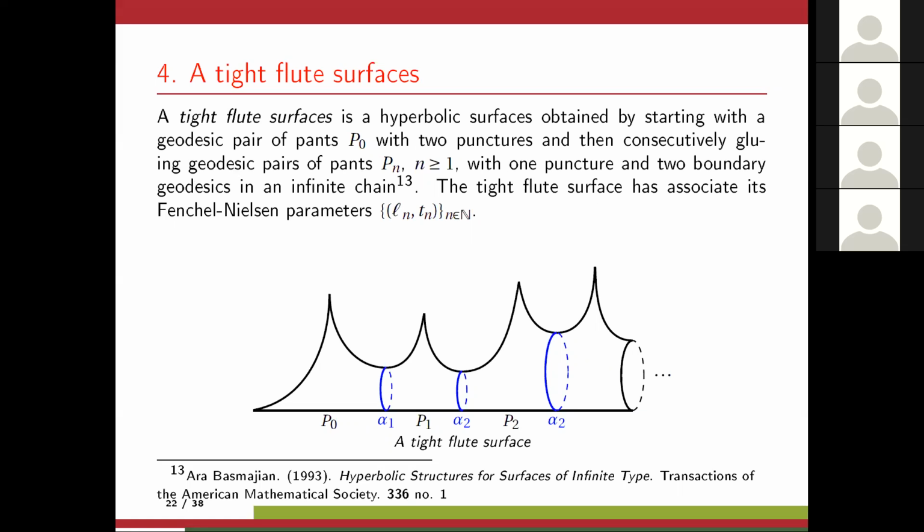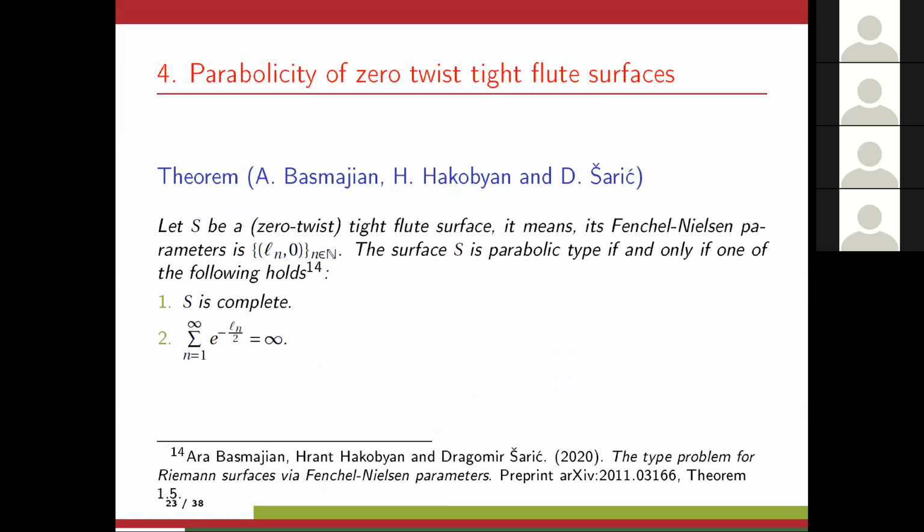Let me talk about the theorem. Let X be a zero twist type flat surface. It means that when you use the Fenchel-Nielsen parameters to determine the type flat surface, all the twist parameters are zero. Then the surface is of parabolic type if and only if one of the following conditions holds.